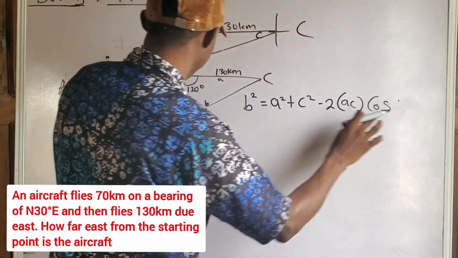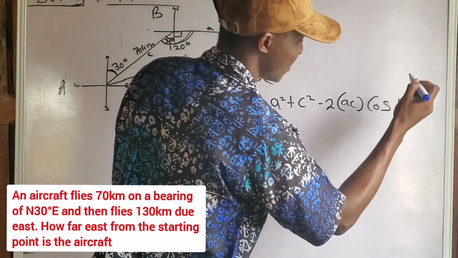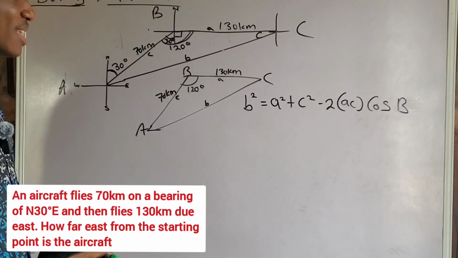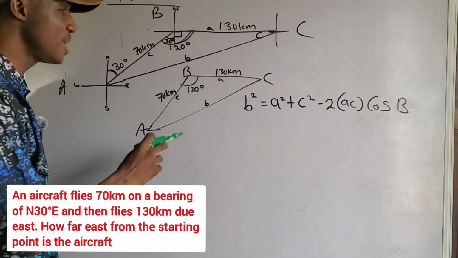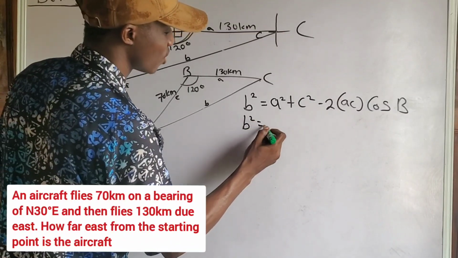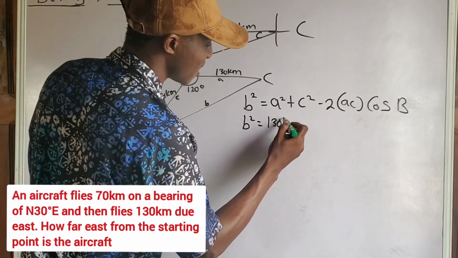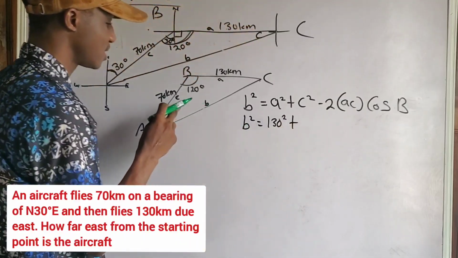Cos 120 degrees. Oh, okay, let me use cos B, big letter B. Do you understand the solution? Okay. Now, b squared is equal to a squared. a is 130, so I'm going to have 130 squared, plus c is what? 70.